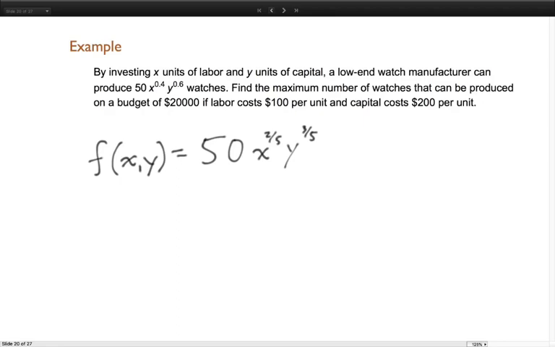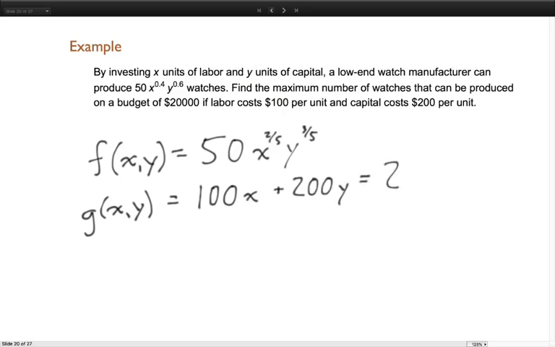What's left is the constraint, and of course that will come from the budget. I've got $20,000 to spend on labor and capital, and of course we're going to want to spend all of it if we want to maximize production. So we will make our constraint, and we'll introduce this function g, the budget function here, and it's a simple linear function, 100 times the units of labor and 200 times the units of capital, and we set that equal to $20,000.